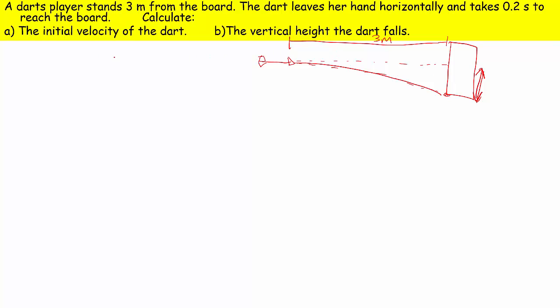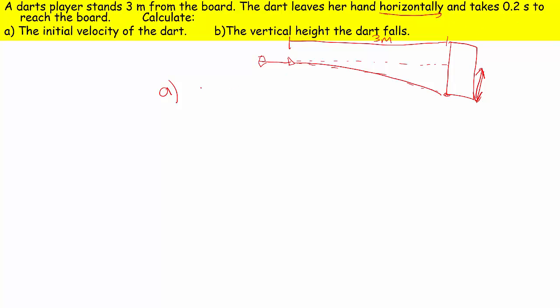The first thing it's just asked us is what is the initial velocity of the dart. So, part A. We know that it has travelled 3 metres. It was projected horizontally. It leaves her hand horizontally. This is important. So the initial velocity has no vertical component. It travels 3 metres in 0.2 seconds.